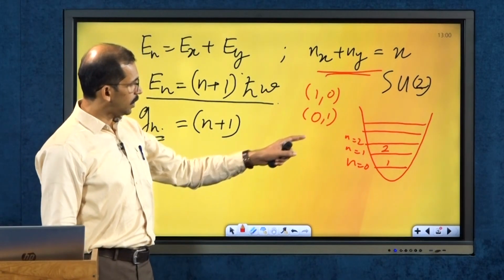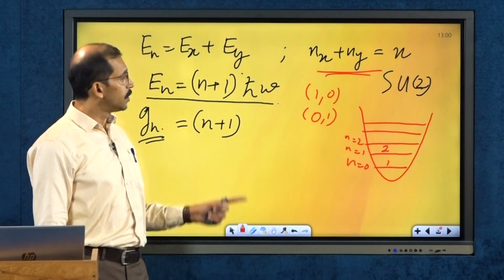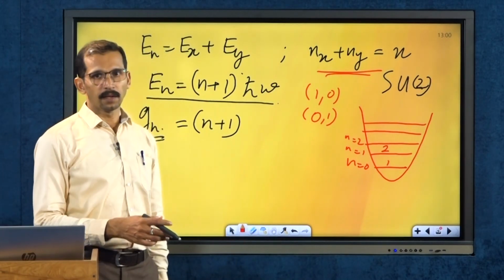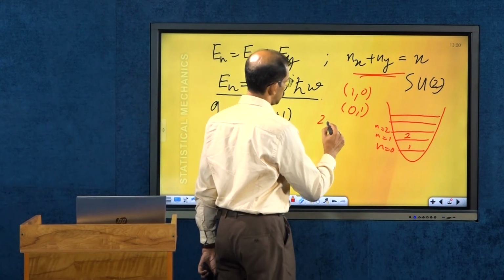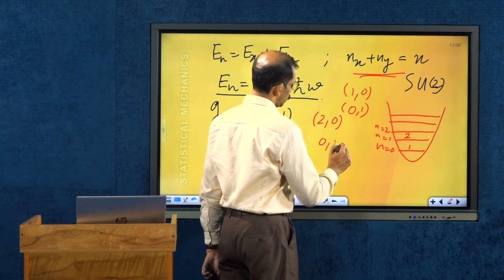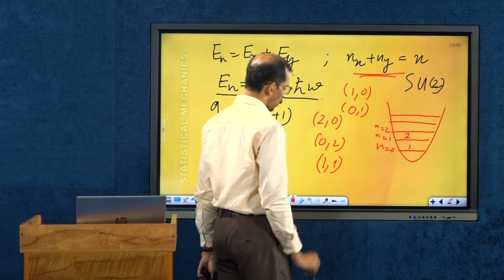Take the level n is equal to 2, right? How many levels are possible? There also, there are various possibilities: 2, 0, 0, 2 and 1, 1.